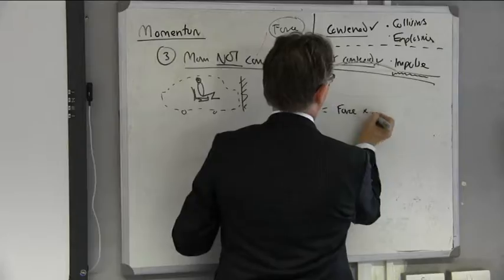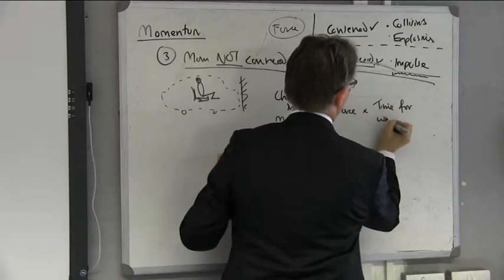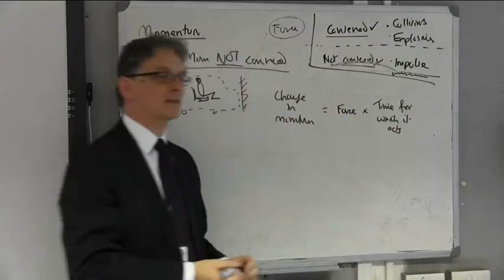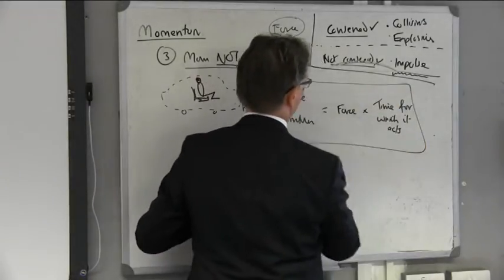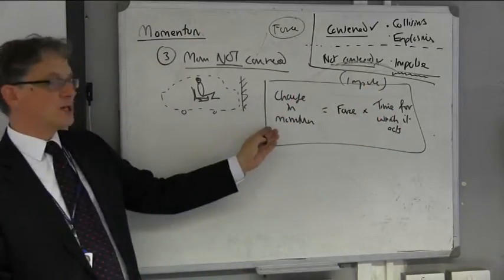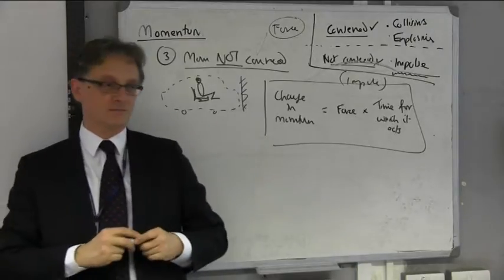Change in momentum is equal to force times, sounds a bit of an old-fashioned way of writing it, but it's important, I think, the time for which it acts. This is called the impulse equation, because force times time is called impulse.